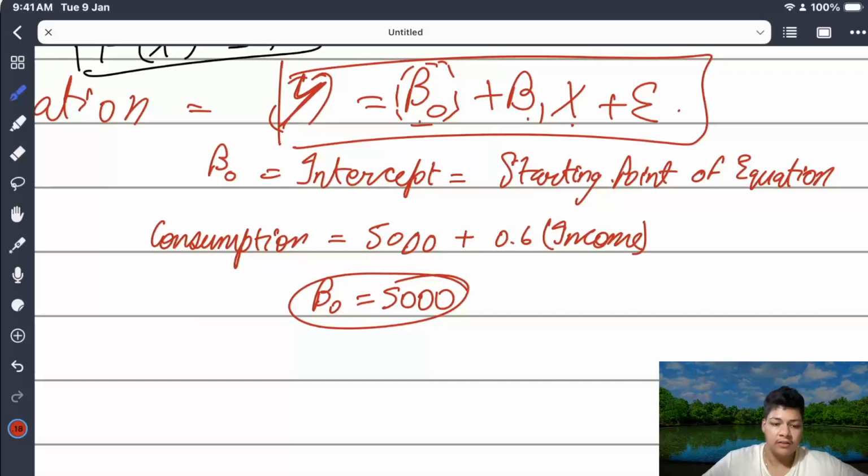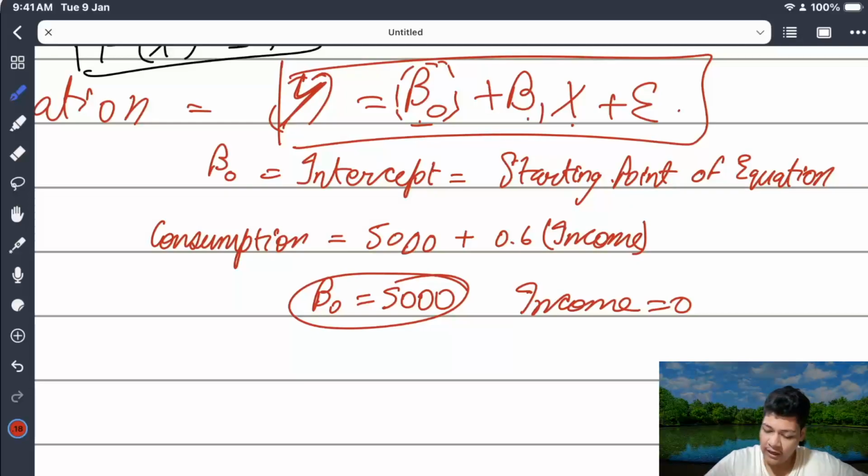If income becomes 0, suppose hypothetically you are unemployed, you will still have expenditures, the consumption of basic needs like food and water. You even have to pay the water tax, and to purchase food you have to give money to the shopkeeper.